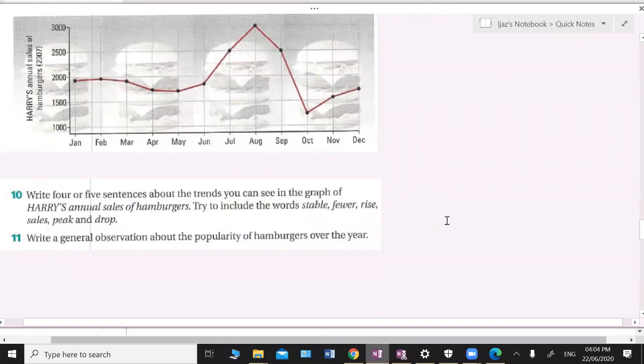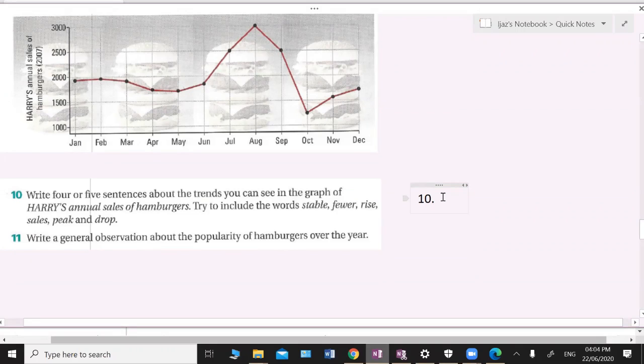Yeah, this is question number 10. We will be answering this one. Most probably after this question, and 11 we will solve. Okay, number 10. In the first 3 months, there was a stability. Okay, you can see that.